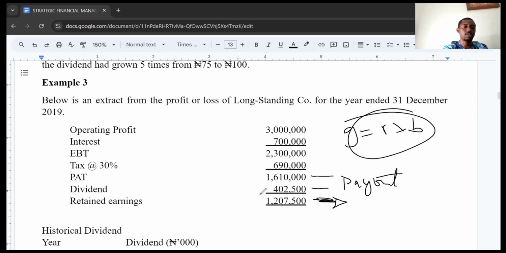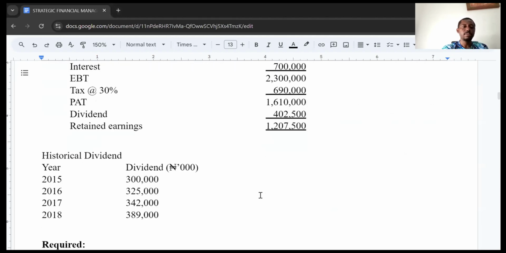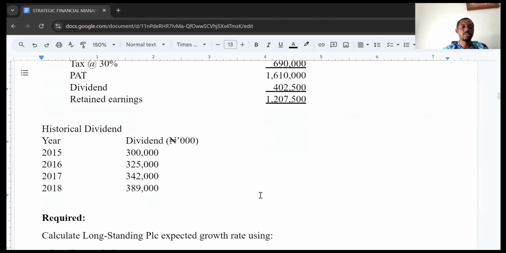So let's continue. Let's scroll down a little, and in the same question, you are given historical dividend. Dividend paid in 2015 is 300, 2016, 325. So you can see that the dividend has been growing from 2015. So what is the current year?